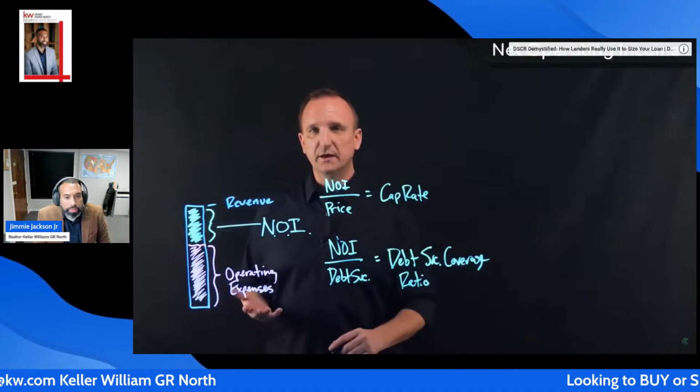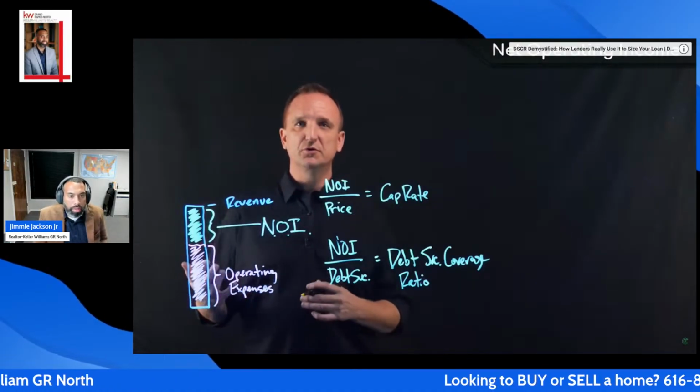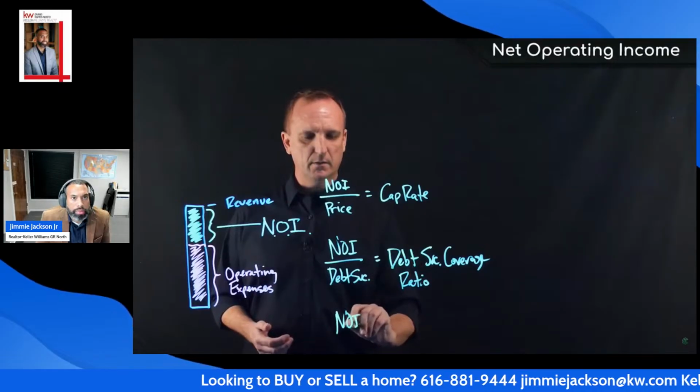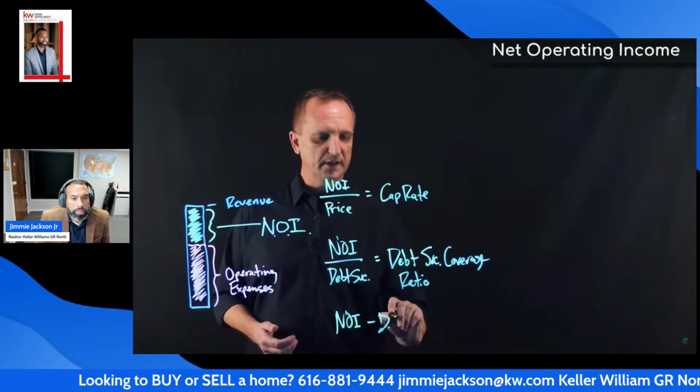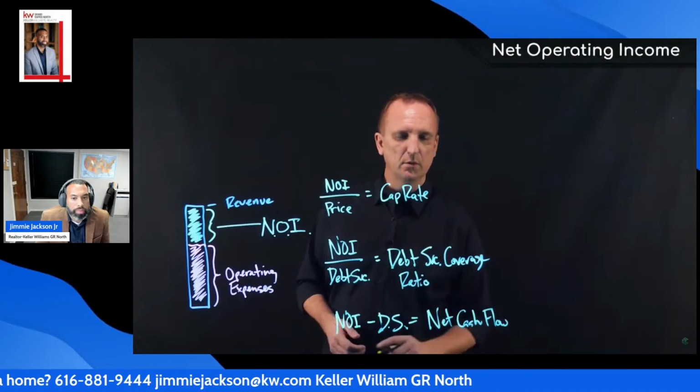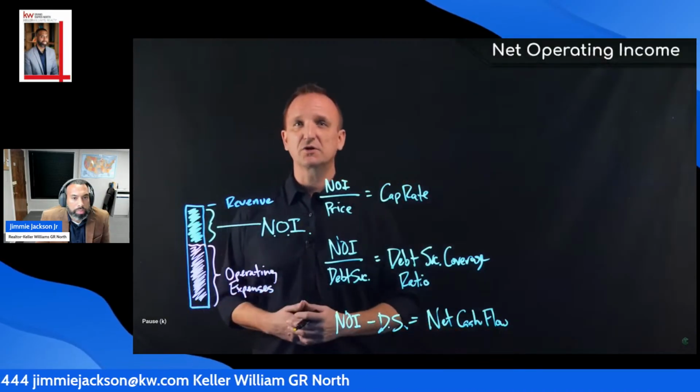And finally, since NOI is what we use to pay our debt service, if we take the NOI minus the debt service, that gives us our net cash flow, which we can use to calculate our cash on cash return.